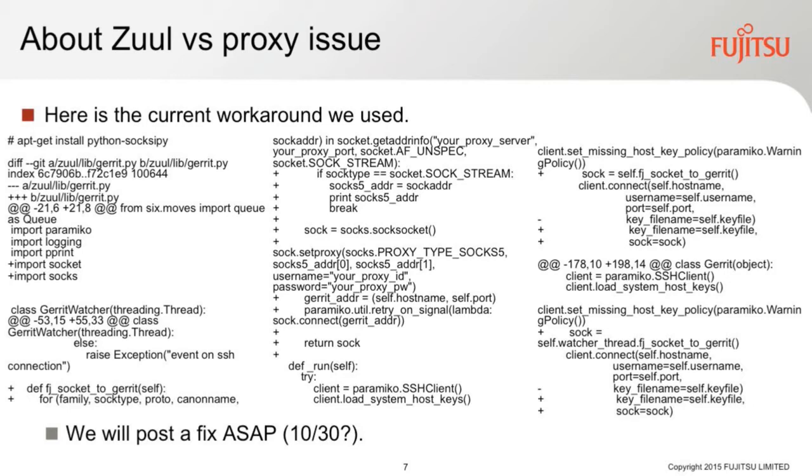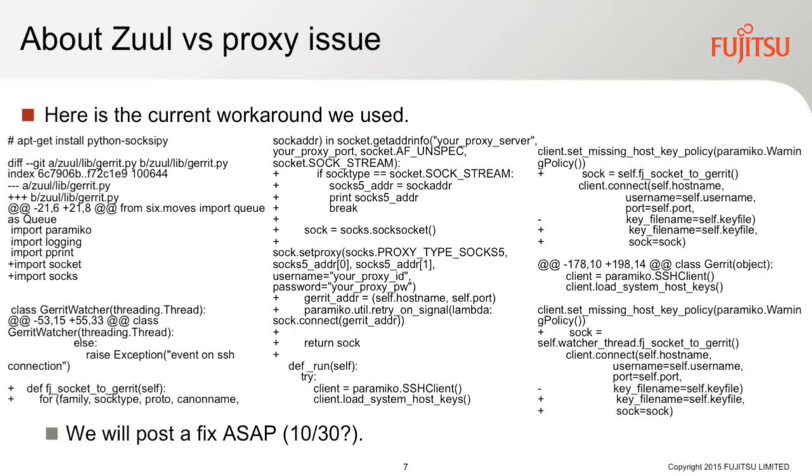This is what we did. Here's the code, and we are going to post a fix as soon as possible, maybe tomorrow. If you can't wait until it has been merged, you can just use this procedure, and your Zuul may work if you have a similar proxy environment like us.